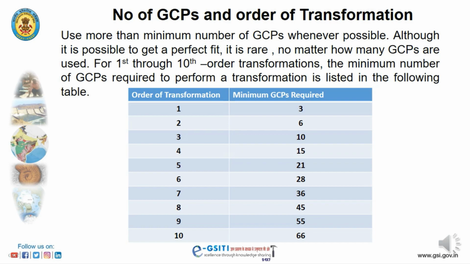No matter how many GCPs are used, for first through 10th order transformation, the minimum number of GCPs required to perform a transformation is listed in the following table. If it is a first order transformation, minimum GCPs required are 3. If it is second order transformation, minimum GCPs required are 6. Like that.